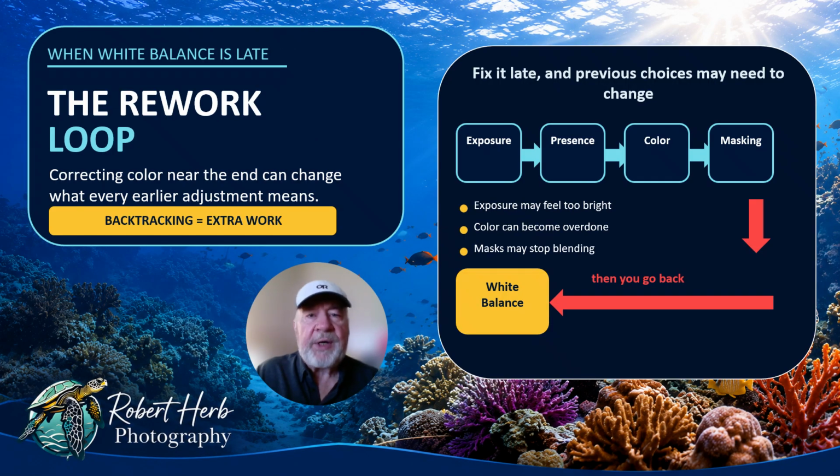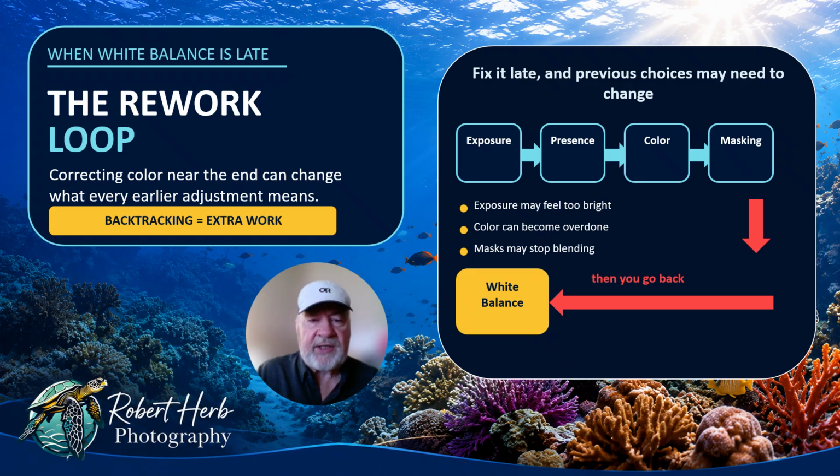This is where the rework loop begins. If you move through exposure, presence, color, and masking before the white balance is reasonably corrected, you are making those decisions on top of a color problem. Then when you finally correct white balance, the image changes. The exposure may now feel too bright. Colors may look too strong.